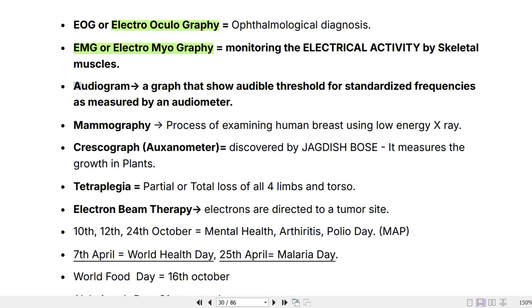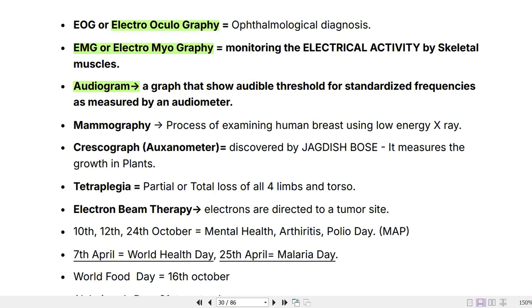Electromyography. Then audiogram, a graph that shows the audible threshold for standardized frequencies as measured by an audiometer. So how much audibility there is at every frequency of sound is measured by the audiogram by plotting a graph.